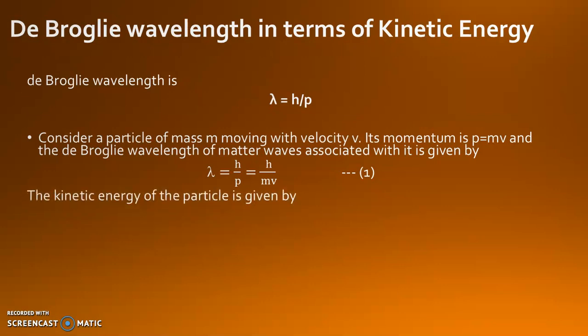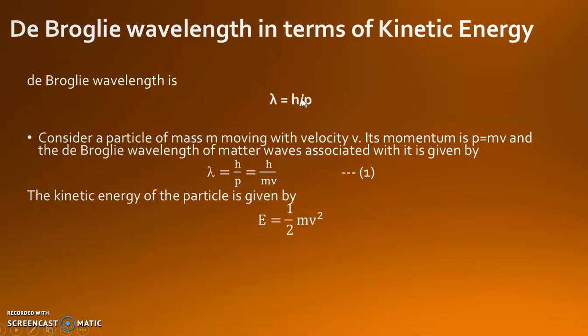The kinetic energy of the particle is given by E is equal to half mv square. Here m is the mass of the particle and v is the velocity of the particle. This is the general equation of kinetic energy. Now we have to substitute these in this equation.